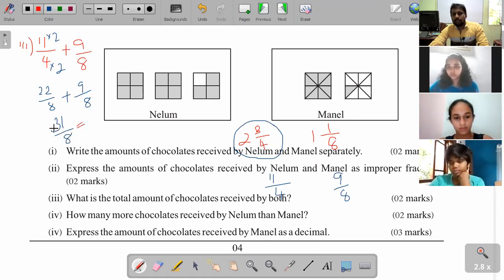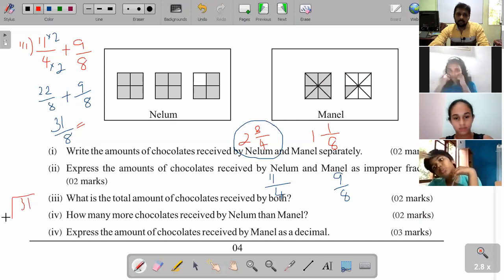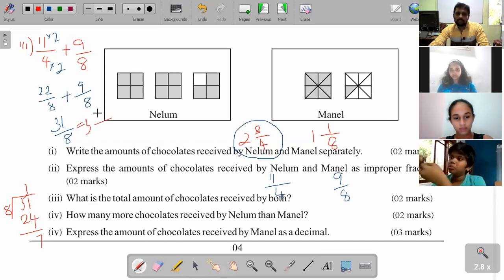Finally, you can write this improper fraction as a mixed number. 31 divided by 8. How many? 3. 24, remaining 7. So what is the answer? 3 7 over 8.